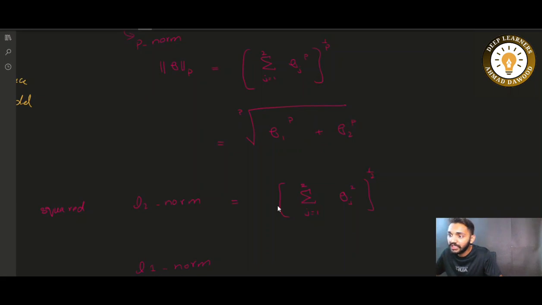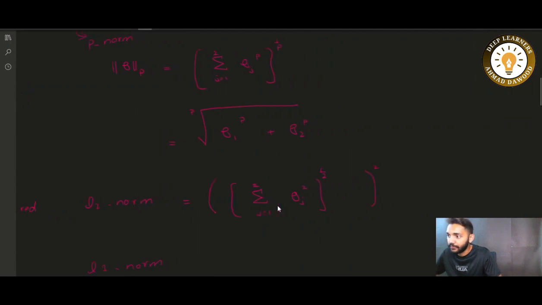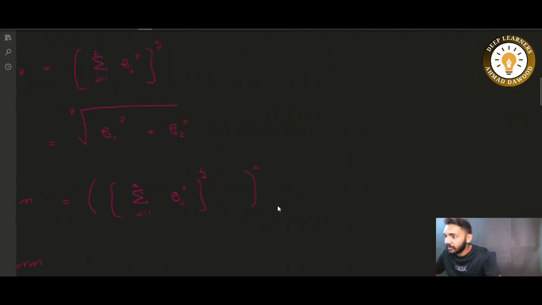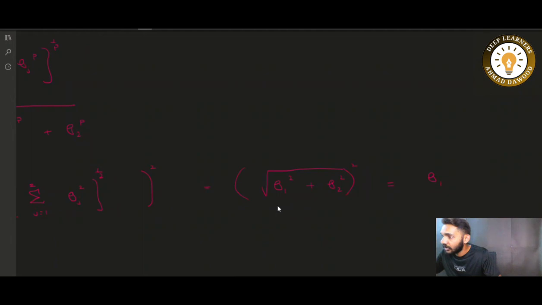As I have told you, we are using a squared L2 norm, so there is a total square here. When you open that, you have theta 1 square plus theta 2 square under root because of this 1 over 2, and again square, then this square cancels out your square root. You will have theta 1 square plus theta 2 square.